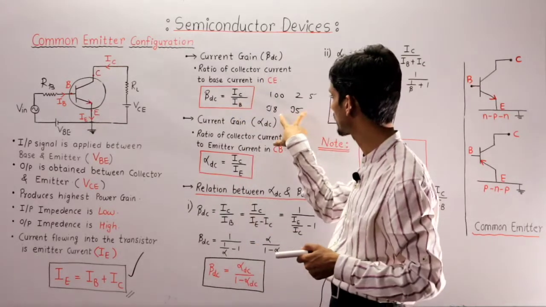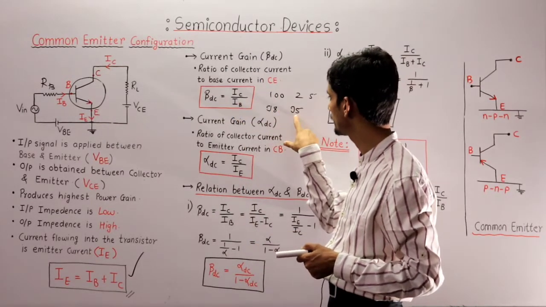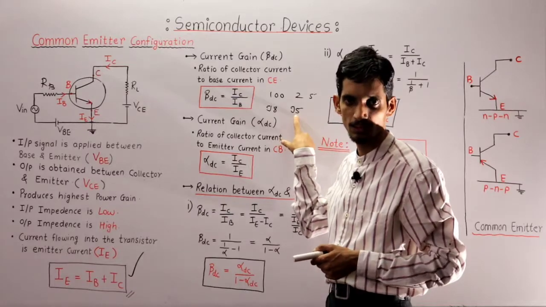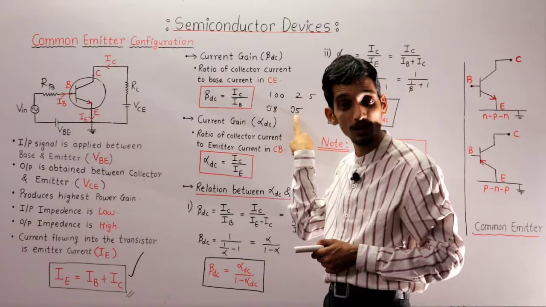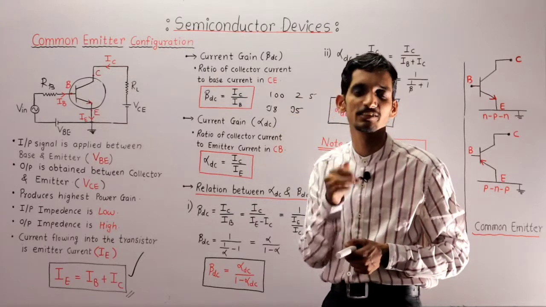In these two cases, the collector current is less in the second case because the base current has increased.